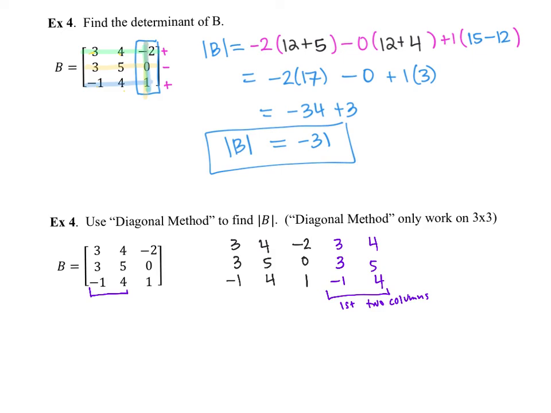Now it's similar to the 2 by 2 in that I always start on the top left. So if I want to find the determinant, I'm going to start on the top left, and I'm going to multiply all the numbers as I go along this diagonal. So 3 times 5 times 1 is 15.